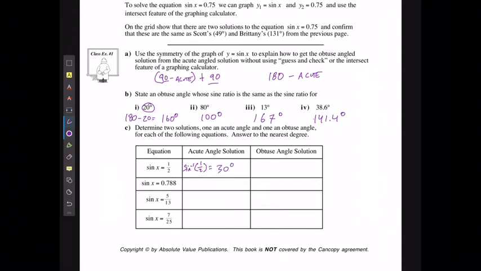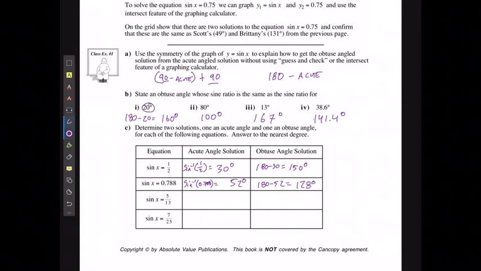There's my acute angle. 180 minus 30 is going to be 150, and there's my obtuse angle. Here I would take sine to the negative 1 of 0.788, which is going to give me approximately 52 degrees, and 180 minus 52 is going to give me an obtuse angle of 128.